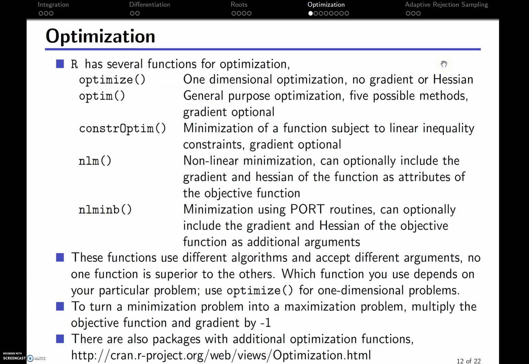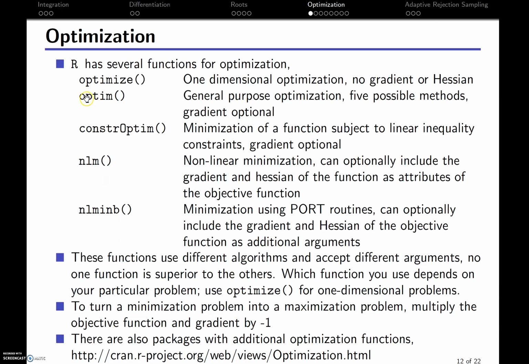I was jumping ahead of myself just a moment ago, and now we are ready for optimization procedures within R. There are several functions within R for optimization. The optim or optimize are good, easy to use. Optimize is pretty simple. It's a one-dimensional optimization. A Hessian matrix does not get computed or used.